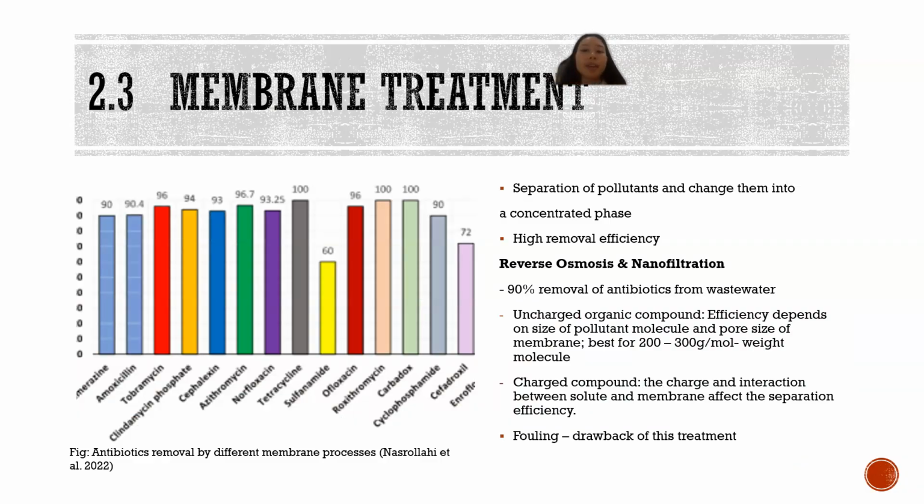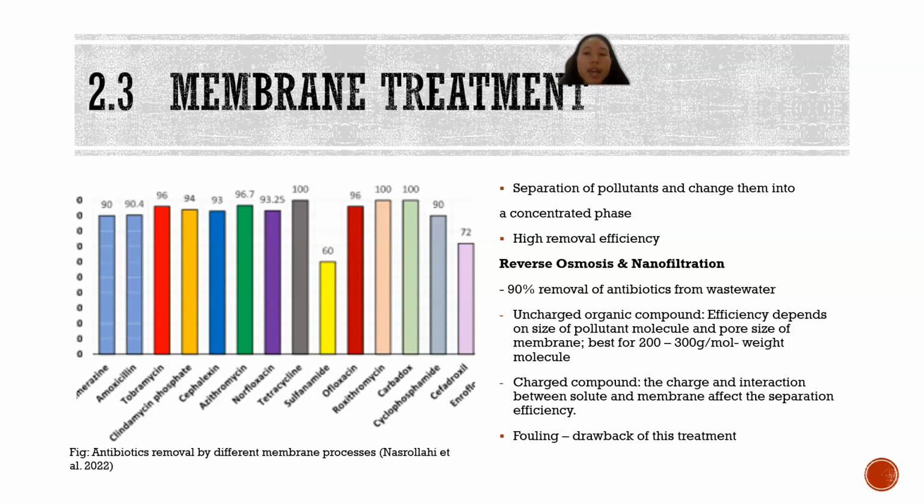With the membrane method, the pollutants are separated and changed into a concentrated phase. The figure here shows the removal rate of different antibiotics by different membrane technologies, including reverse osmosis and nanofiltration. In general, the efficiencies are high, particularly with reverse osmosis and nanofiltration, where the results can be more than 90%.